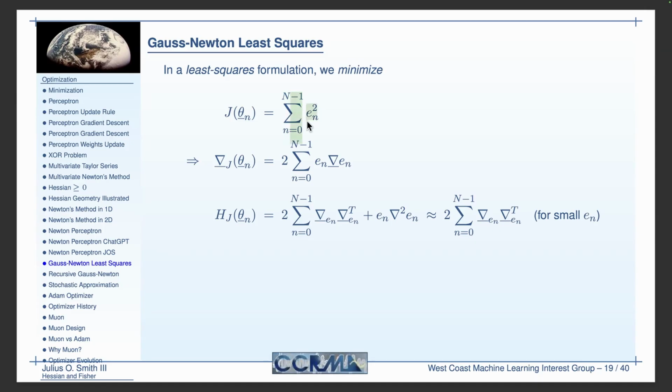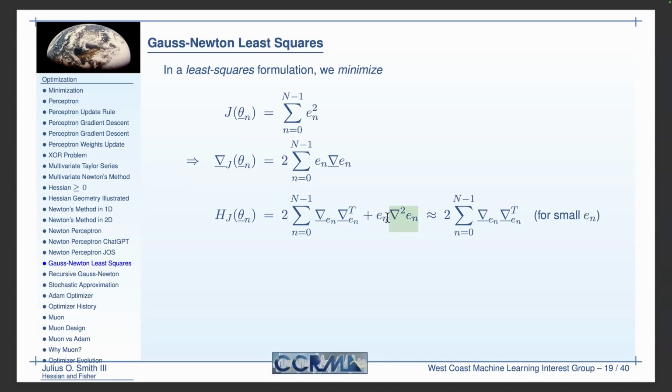So there's your loss function. It's a sum of squared errors over all time, finite time, over the whole data set. Now you take the gradient and you get this. What's new here is that our gradient will be multiplied by the error because of the squaring. And you need that because when you take the Hessian, by the chain rule you get the gradient times its transpose, and the other term will be the error times the second derivative.